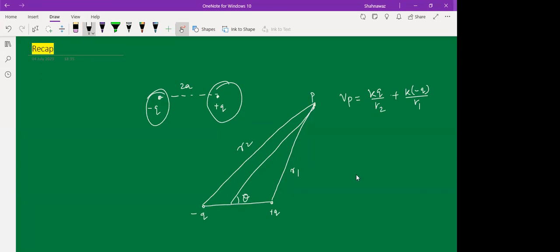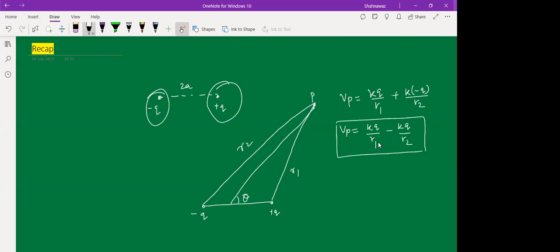Oh, so this is R1. For positive, this is R1. For negative, this is R2. This is just a notation. Okay. So this would be how much? KQ by R1 minus KQ by R2. Is this clear?